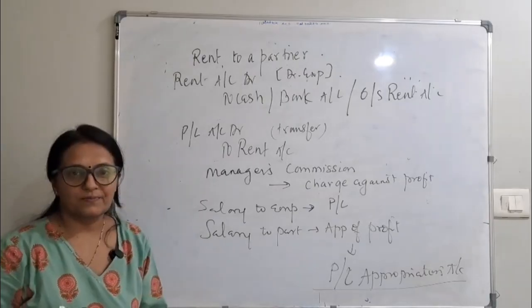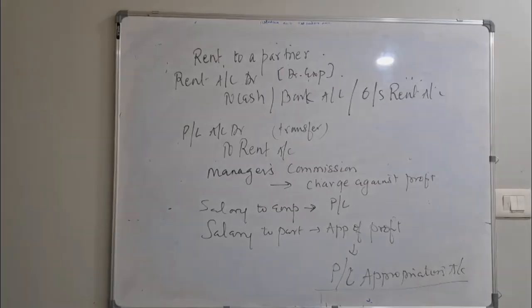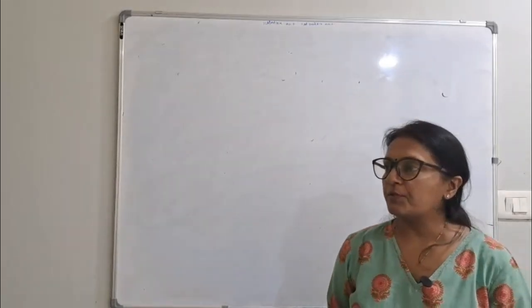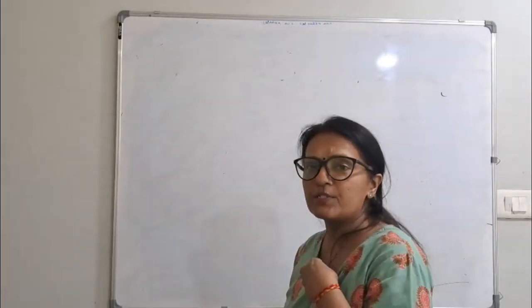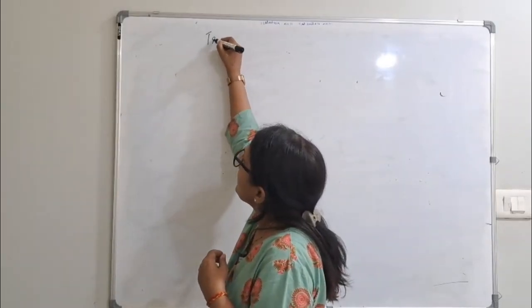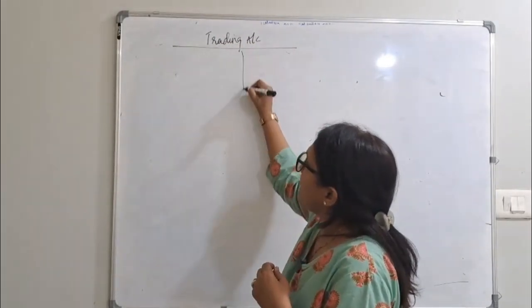First, copy down this. After this, I told you we will be doing profit and loss appropriation. So this profit and loss appropriation is an extension of the profit and loss account. That is, in 11th standard we had prepared the trading account.